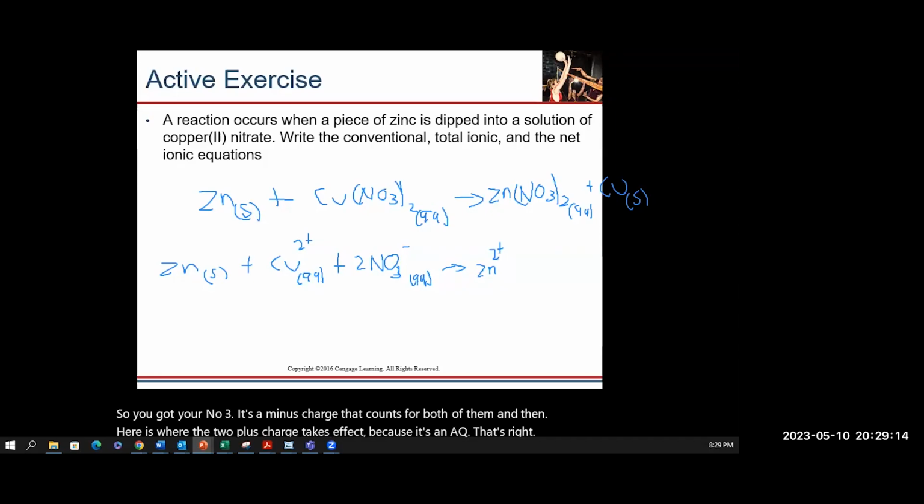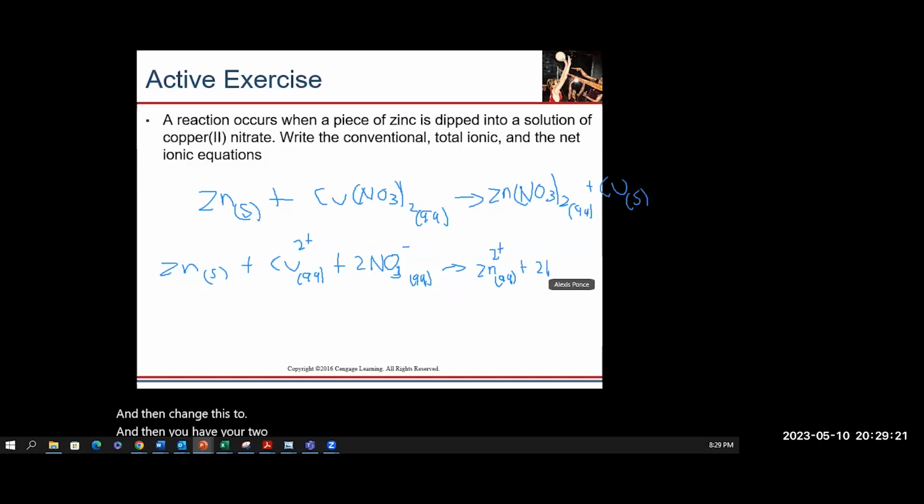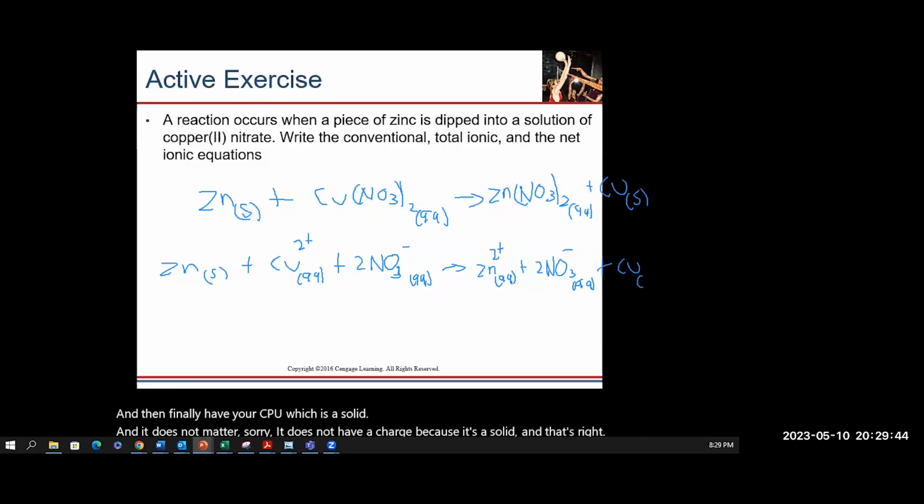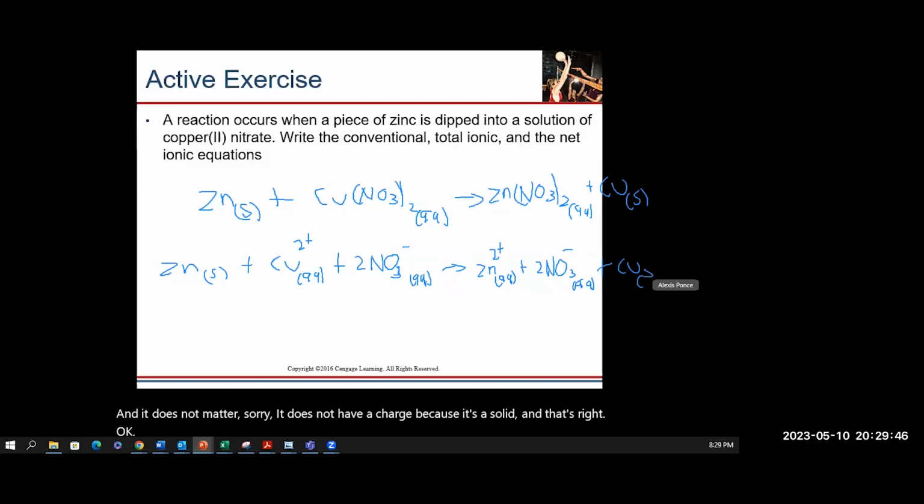And then this changes to aq, and then you have your 2 NO3s in aq, this is a minus. And then finally, you have your Cu, which is a solid. It does not have a charge because it's a solid and it's alone.